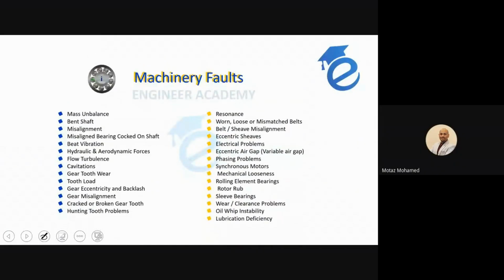A lot of defects can be detected using vibration, like misalignment and unbalance. All of these defects you can see on the screen right now can actually be detected by vibration, including electrical defects, like if you have a broken rotor bar, loosened coils, or any problems related to electrical, like line unbalance. Also gear problems, bearings, of course, hydraulic flow turbulence, belt problems, beating.